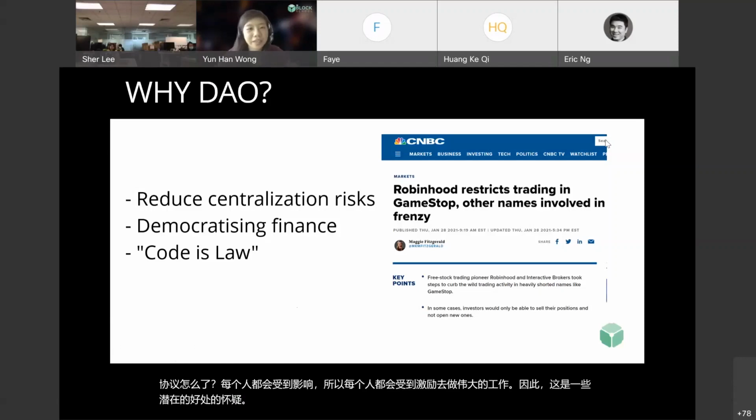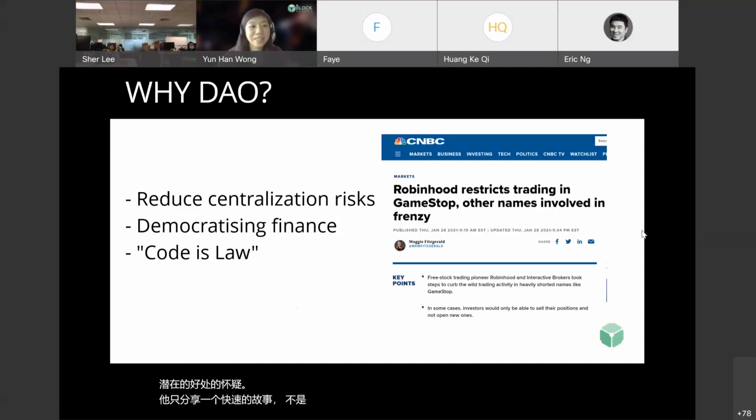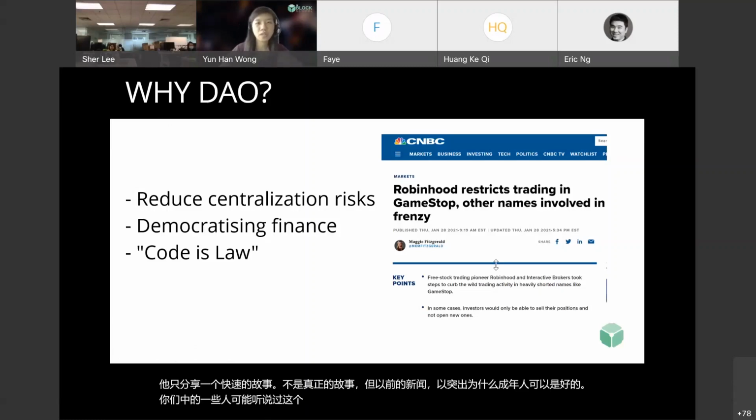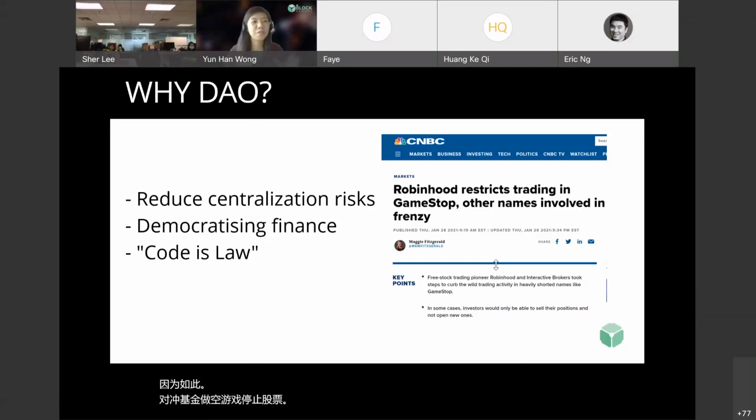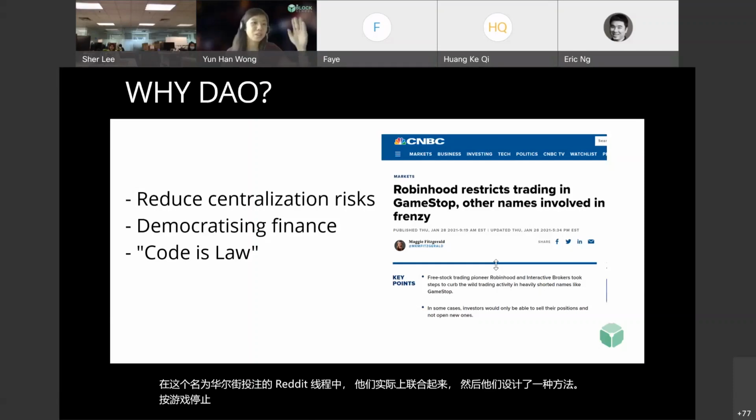And here I want to share a quick story, not really a story, but previous news to highlight why a DAO can be good. Some of you may have heard of this news on GameStop, which was a stock that was highly shorted by hedge funds. Because of these hedge funds shorting GameStop stock, a community of people on Reddit, in this Reddit thread called Wall Street Bets, ganged up together and devised a way to buy GameStop stock units in order to raise the price.